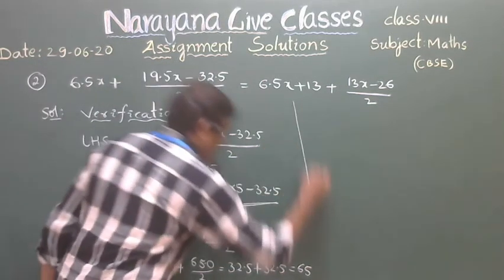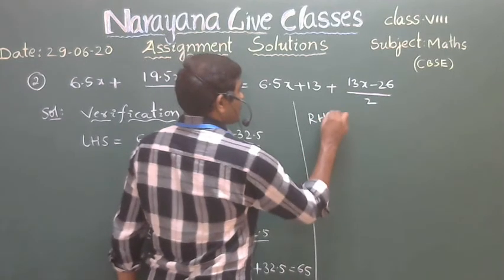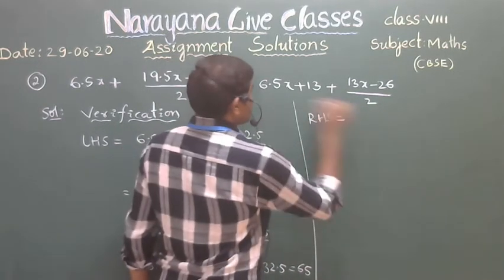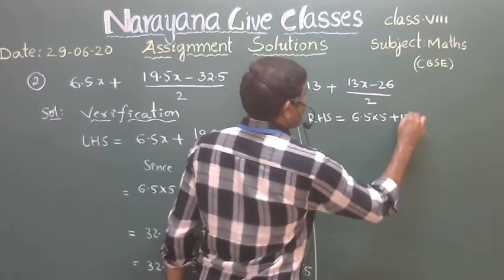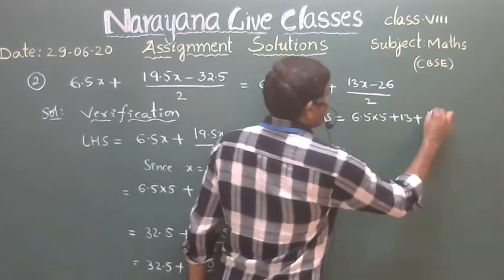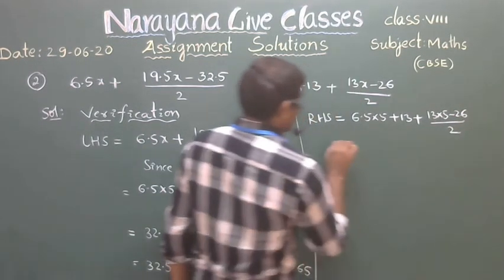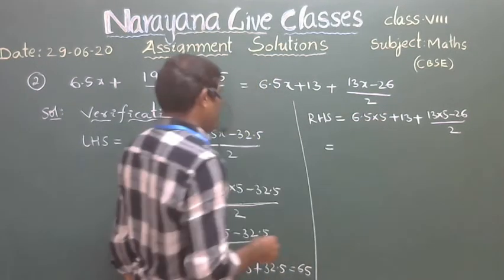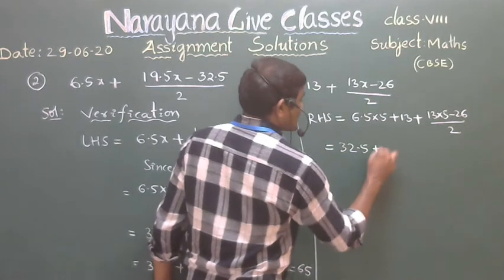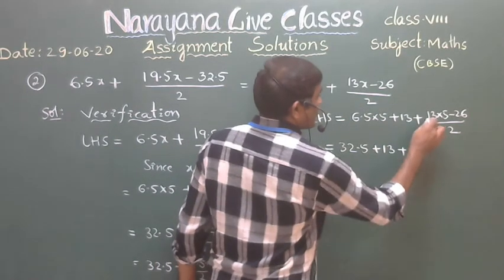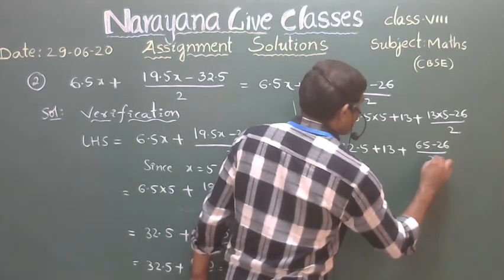Okay. Now let us do the verification with the RHS. What is the RHS here? RHS is equal to 6.5 into 5 plus 13 plus 13 into 5 minus 26 by 2. That is equal to 6.5 into 5 is 32.5, plus 13 plus 13 5s are 65 minus 26 by 2.